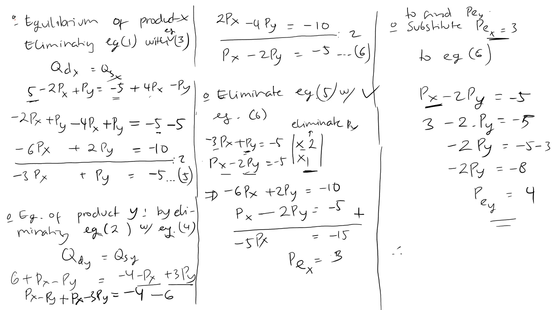So then the equilibrium price of X and Y is 3 and 4. Right.